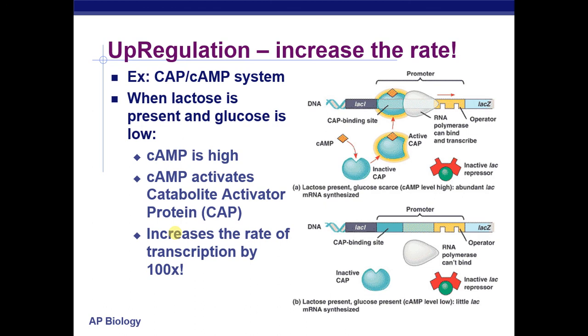Right? We can use secondary messengers to do this, to increase the rate at which transcription is occurring. We can use enhancers like we talked about with transcription a couple days ago.